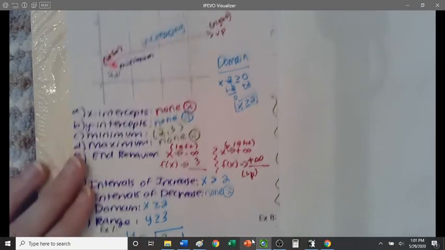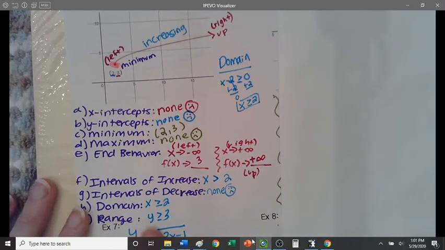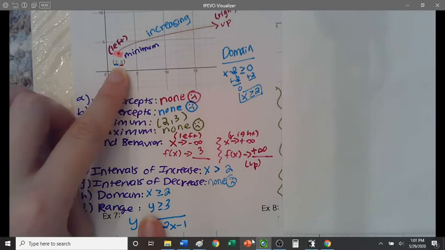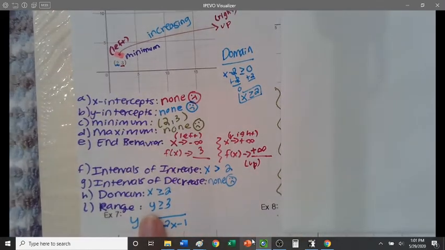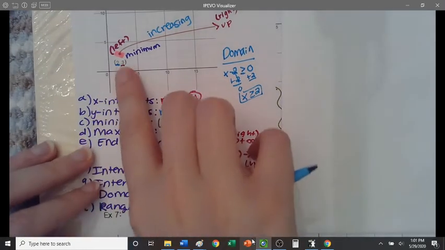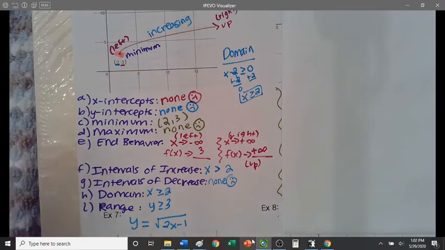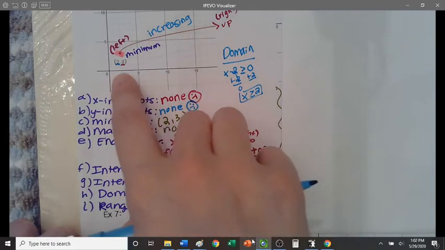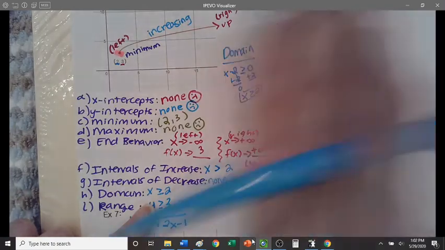Okay, so if your graph is increasing, your range will be y is greater than or equal to whatever the start y is. If it's decreasing, then the range would be y is less than or equal to your start point. Those are some shortcuts to keep in mind. Your domain should always be x is greater than or equal to the start point, because your graph is always going to be headed to the right.